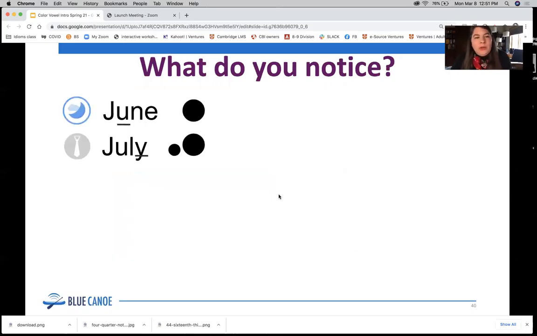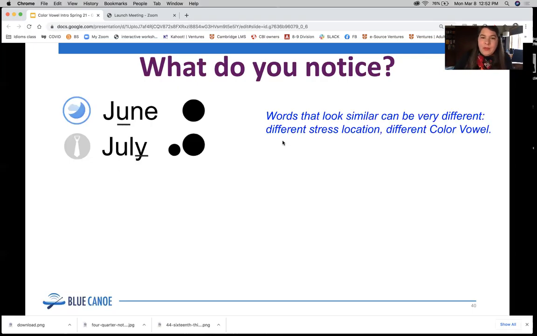So what else did you notice? Let's look at these again. 4 letters, 1, 2, 3, 4, 1, 2, 3, 4. There's a U and a U, but they're very different. June, July. So words that look the same can be very different. Different stress location, different stress pattern, different color vowel.